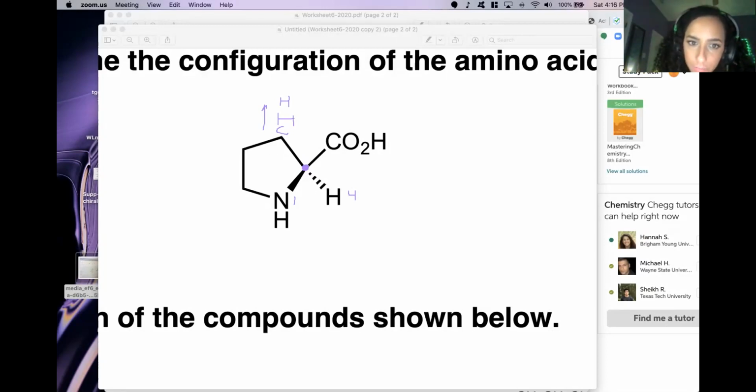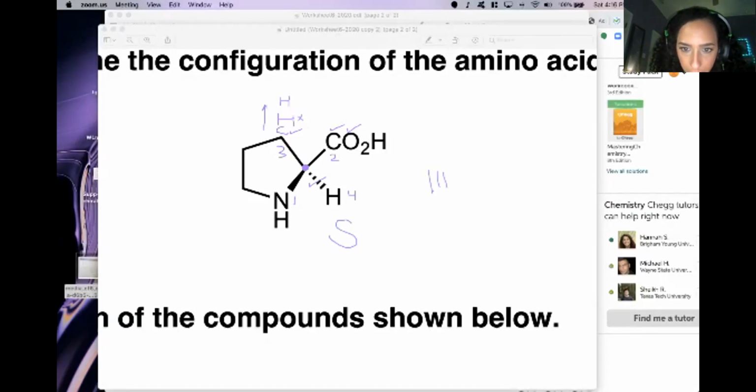So carbon, carbon, oxygen versus hydrogen, and oxygen wins. So you get your 2 and you get 3. And hydrogen is a wedge. So 1, 2, 3, 4 counterclockwise.